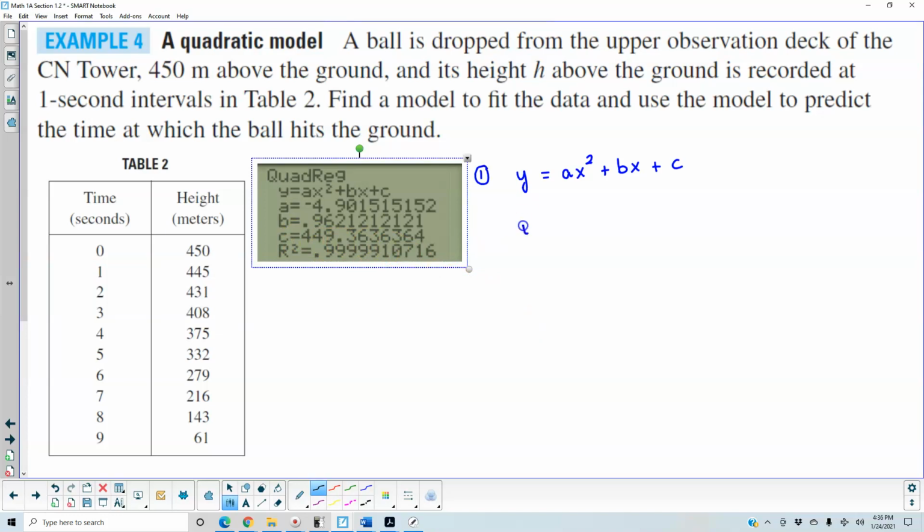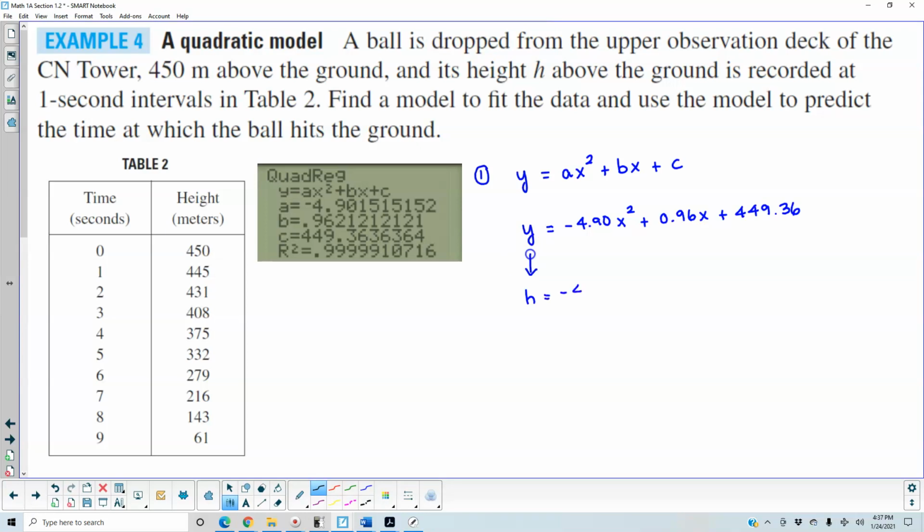So this is what our model is going to look like: y equals negative 4.90x squared plus 0.96x plus 449.36. Now we do need to change our variables, because y is the height, so we're going to call that h.